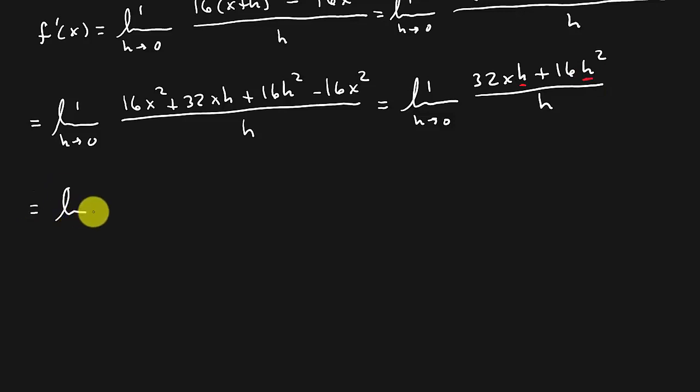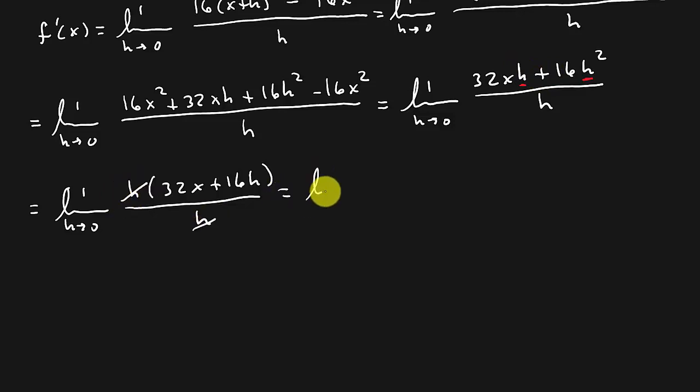And so that's equal to the limit as h goes to 0 of h times 32x plus 16h divided by h. So I just factor the h out of the numerator. And then look what happens. The h's cancel, and I'm left with the limit as h goes to 0 of 32x plus 16h.